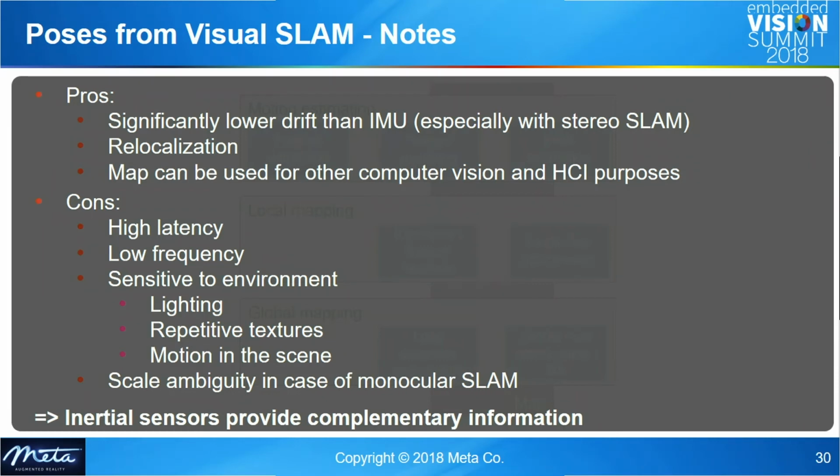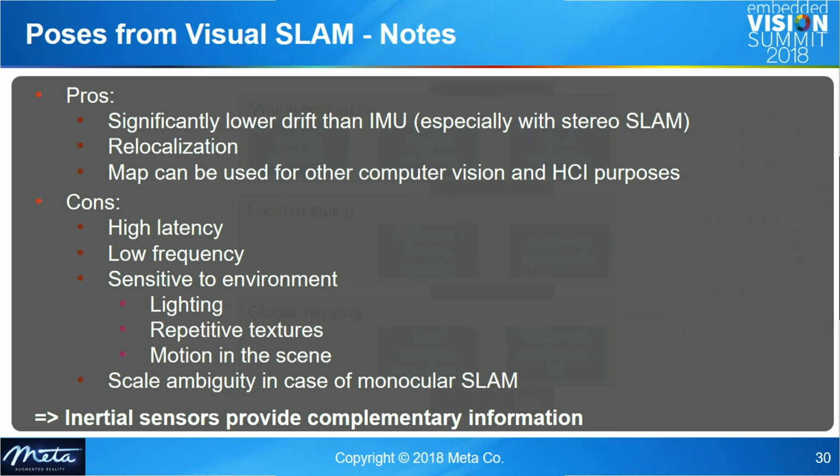One advantage is that the drift is significantly lower than for IMUs. Visual-SLAM still drifts, especially monocular SLAM can drift quite a bit, but we are talking about a few percentage level drift, whereas IMU-based pose estimation can pretty much drift without bounds.